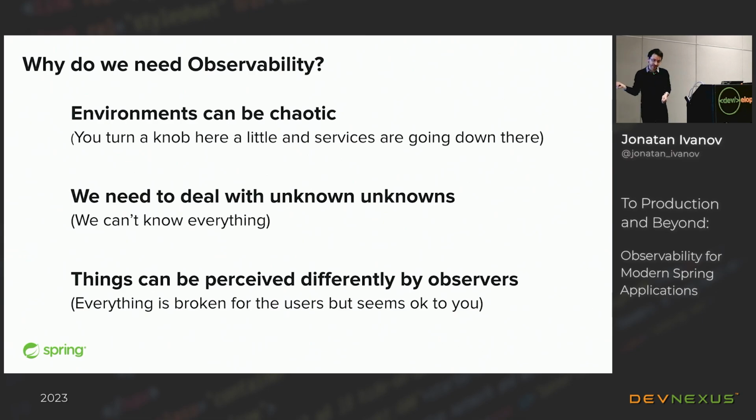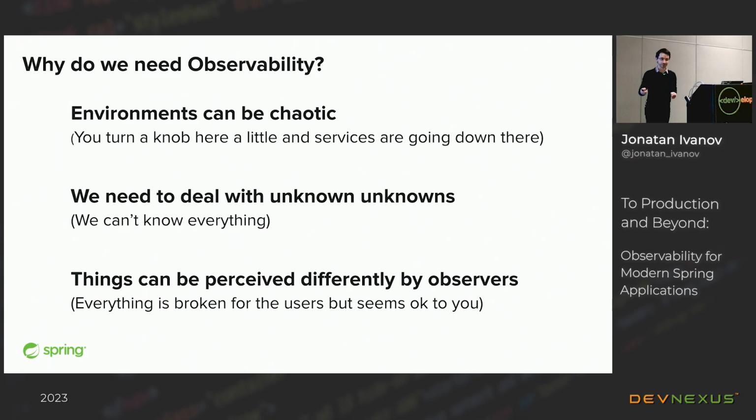Also, and this kind of freaks me out, and if you are also freaked out, I think you're right: we need to deal with unknown unknowns. This means that there are things in your systems, in your software, or in your applications that you know can be broken. Those are the known knowns. You know about them, and they can be broken. There are things that you know that you don't know.